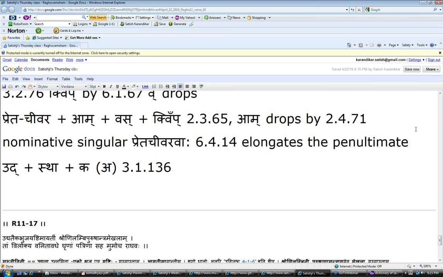These are adjectives, by the way, that will be used in the default active sense. By 3.4.67, kartari krt is the default active sense for any krt pratyaya. Default is kartari. Okay, so that's what we have.